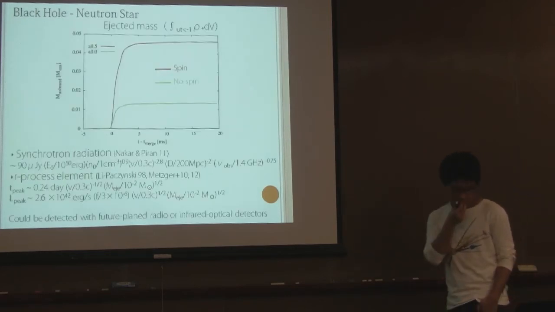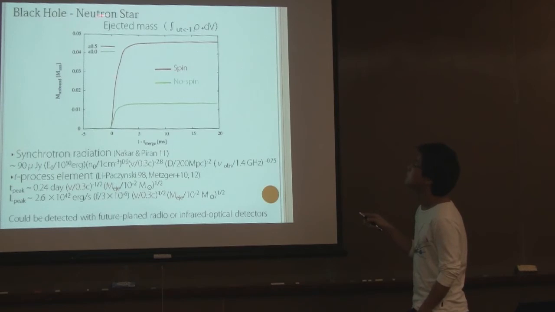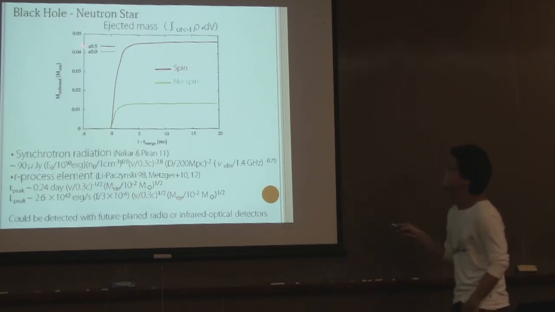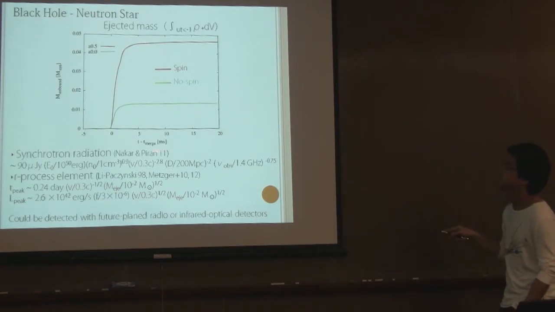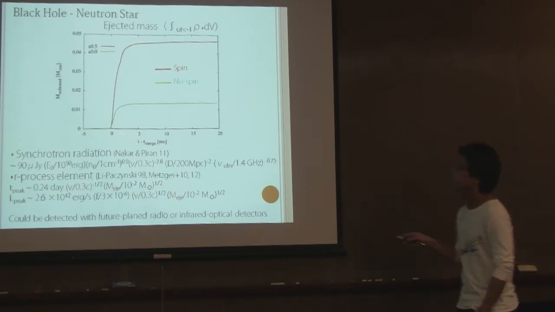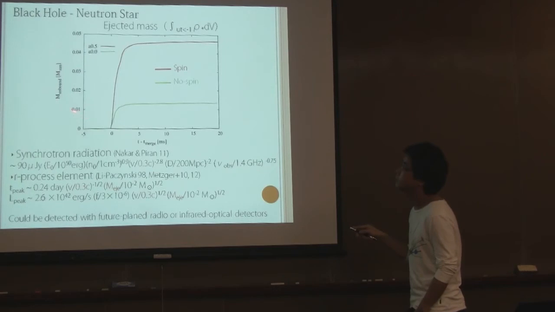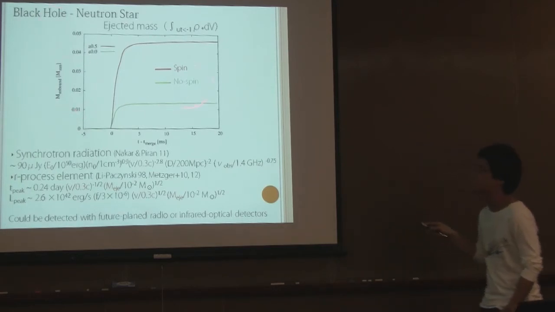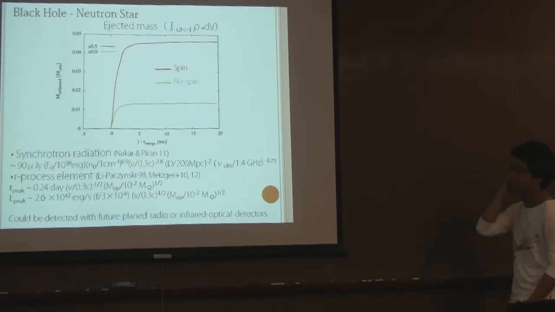So let me check the ejected mass in the black hole neutron star case. This is the ejected mass as a function of time for the spinning models and non-spinning models, and typically 0.01 to 0.04 solar mass is ejected from the black hole neutron star binary.